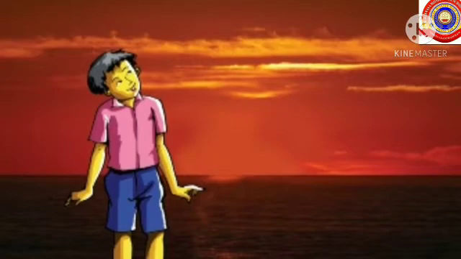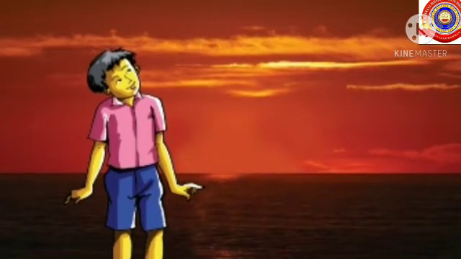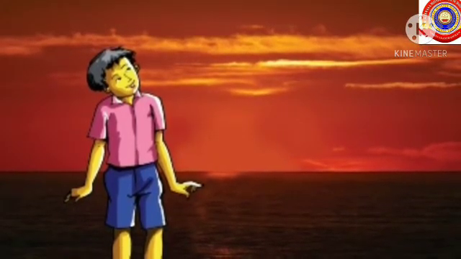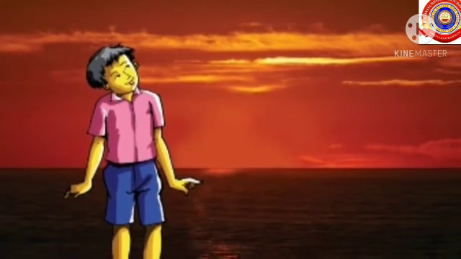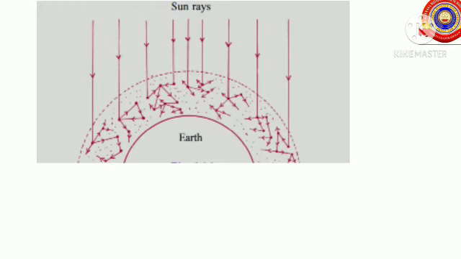Even though light travels in straight lines, we get light in our classrooms and homes during daytime. Have you thought about this? So let's learn more about it. When sunlight passes through the atmosphere, rays of light are reflected by tiny particles of the atmosphere like dust particles, molecules, etc. as shown in this figure.